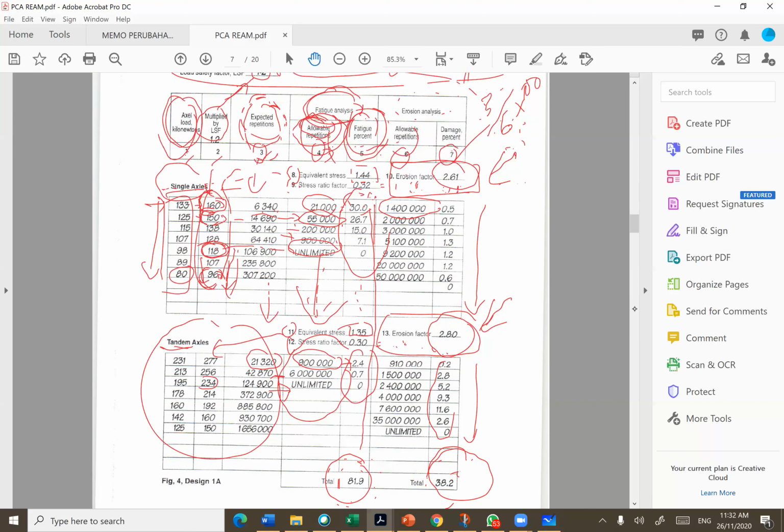If it's less than 100, then you would say that the thickness is sufficient to cater the load. If one of them, either fatigue or erosion, has a total value of more than 100, for example 105 or 120, it means the thickness of the slab is not enough.